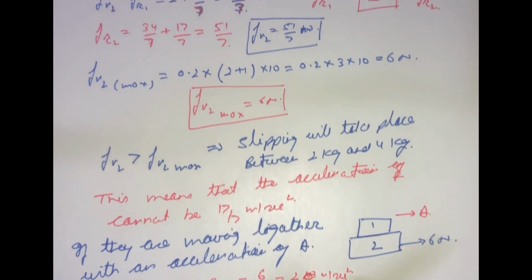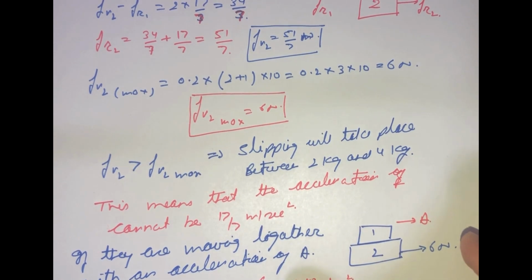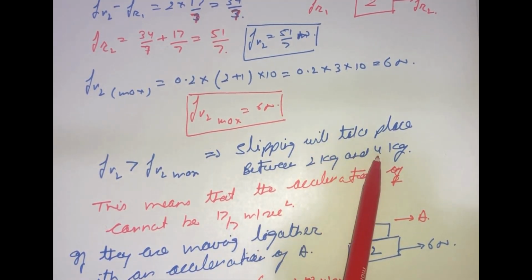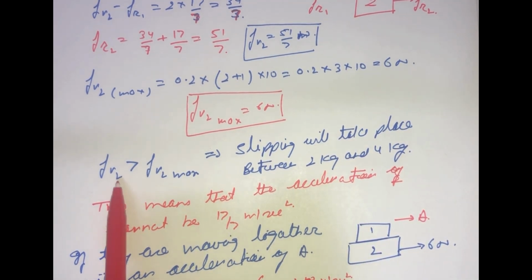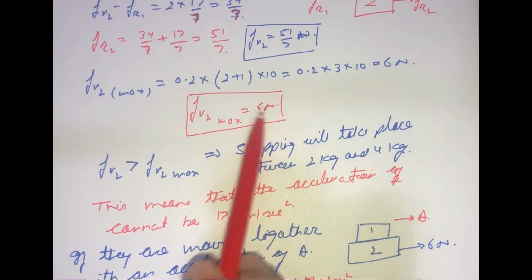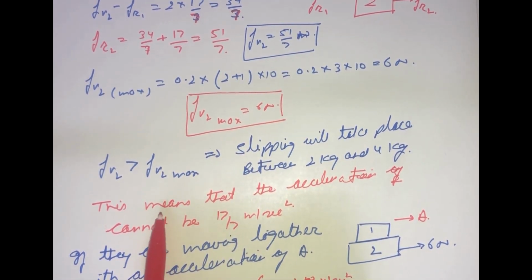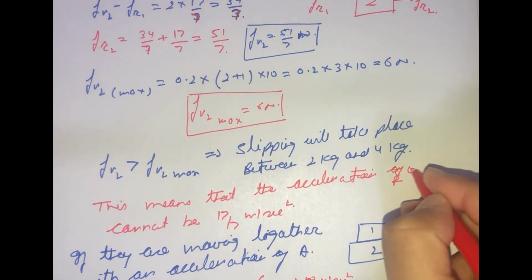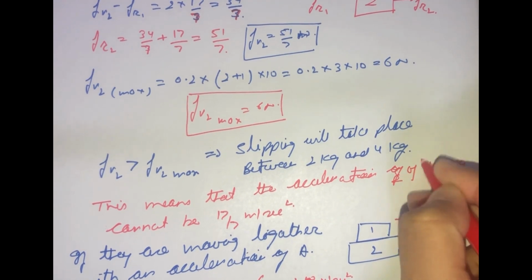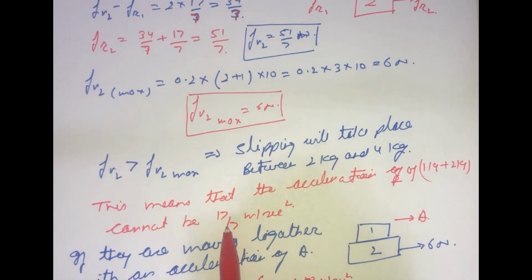Now here is a very important consideration: the slipping between the 2 and 4 kg block will start if this condition is met. So we already know that FR2 max is 6 Newton. So this also implies that the acceleration of 1 kg plus 2 kg as they are moving together cannot be 17 by 7 meter per second square.